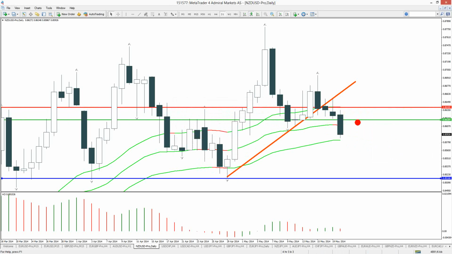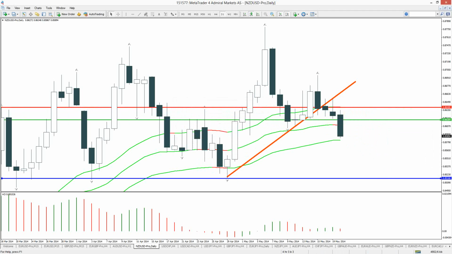Good space if that were to happen. Initially, of course, a very wide R2R setup there. Just looking at the daily chart. That looks interesting to me. And looks worth the risk at the moment.